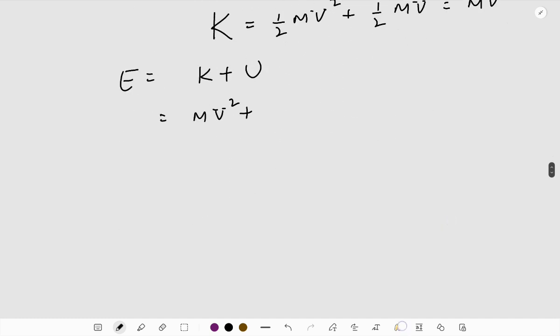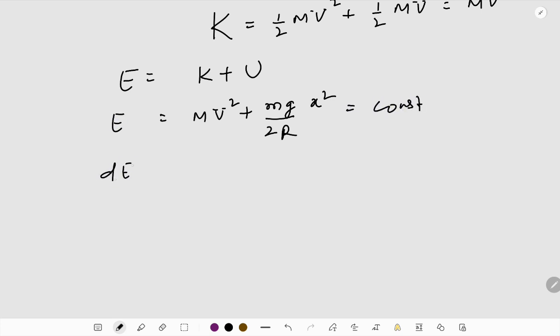So I'm going to write it down. It was mg x square upon 2r, and this total mechanical energy is a constant.